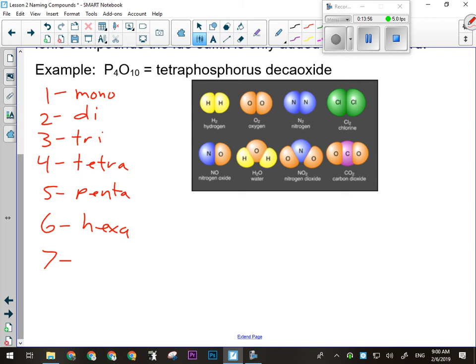It is not, and the chem guys here hate that. So it's hepta. Okay, hepta. 8, octa. 9 is nona, and 10 is deca. Okay, we won't need to go beyond that for our purposes.